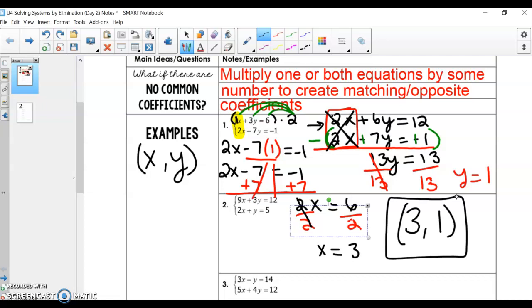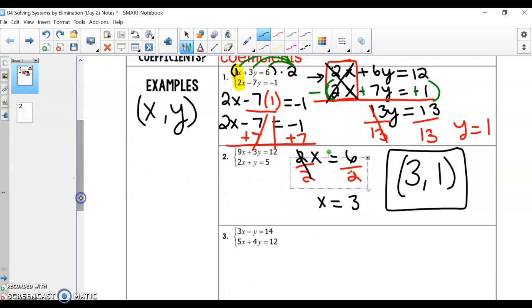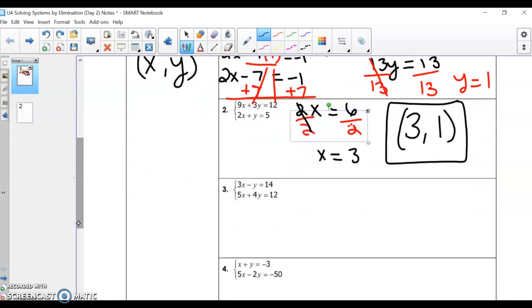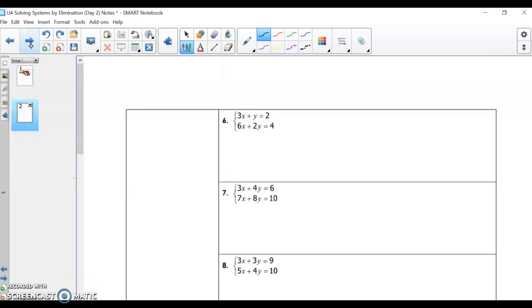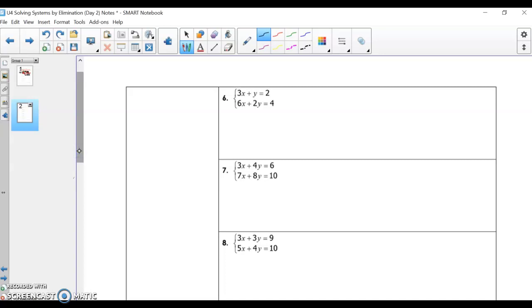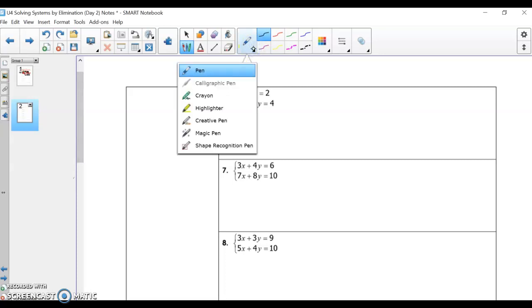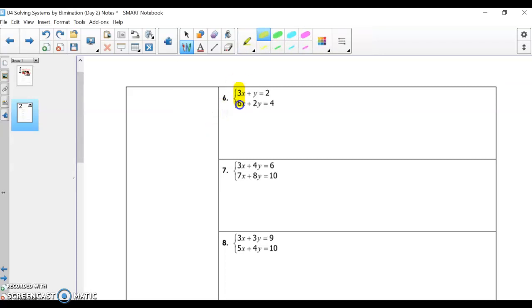Alrighty, so I'm going to jump down and I'm going to do number 6 with you guys. So number 6 is going to be a little different, so it's going to be on the back side of this paper. Okay, so number 6, you're going to want to do the same thing, except we got to look and see which one's going to be easiest. Is there a number that I can quickly multiply these ones by?